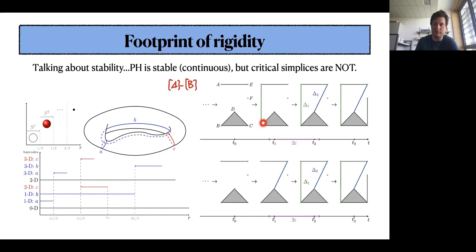So this is the critical simplex terminating one 0-dimensional bar. In the second filtration, this is the critical simplex. So it kind of changes. And the result that I'm going to state in the next slide essentially states that if the critical simplex can change for some epsilon perturbation of your filtration function, then 2 things can happen. And one of those things is actually that here you can see you get a higher dimensional homology class.